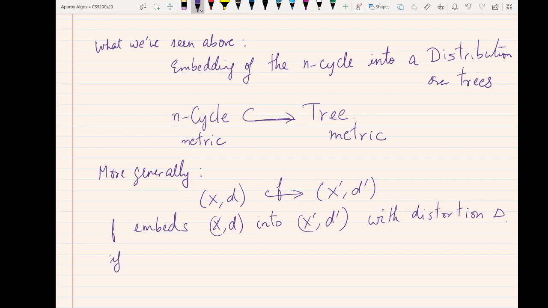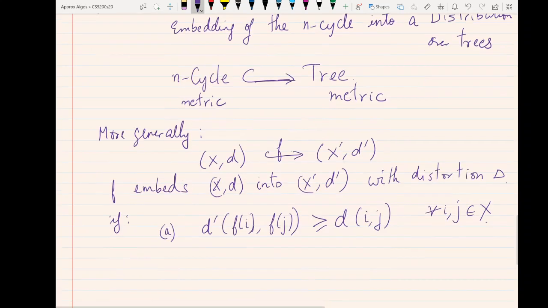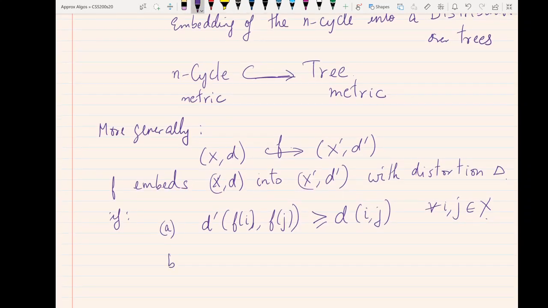If, (a), you have always that the distances do increase in the new metric space, d'(f(i), f(j)) is greater than or equal to d(i, j) in X, and (b), you want d'(f(i), f(j)) to be less than or equal to delta times the distance between i and j.